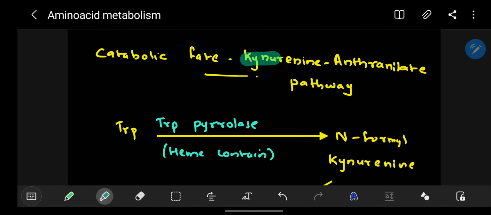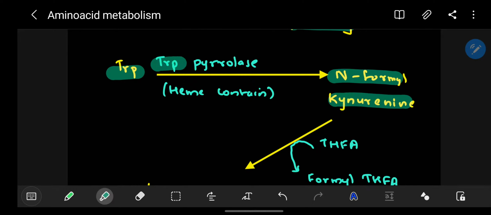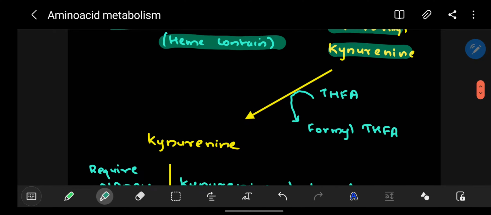This is also called the kynurenine anthranilate pathway. So the tryptophan will be converted into N-formyl kynurenine by the action of the enzyme tryptophan pyrrolase. This is a heme containing enzyme. This N-formyl kynurenine will be converted into kynurenine in the presence of folic acid.